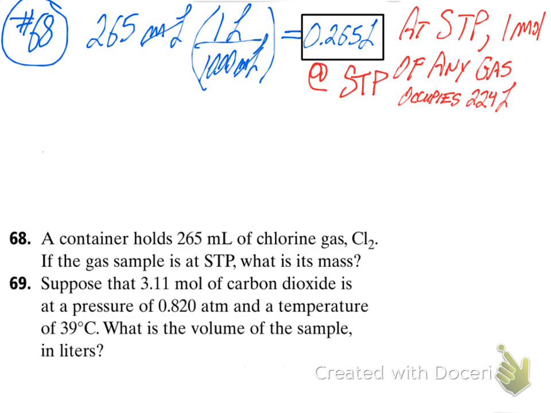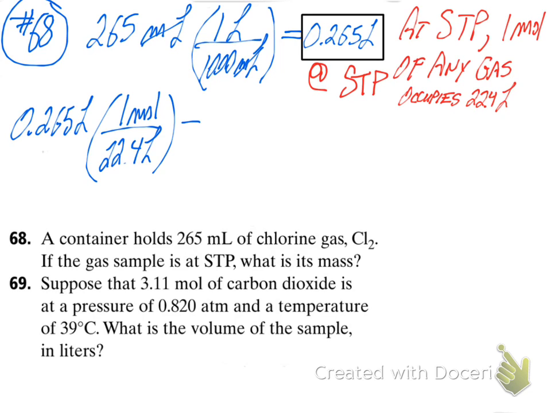Of course, using our newest conversion factor from Chapter 11, 1 mole is equivalent to 22.4 liters, I can convert 0.265 liters into moles. Doing so, I get 0.01183 moles of chlorine gas.